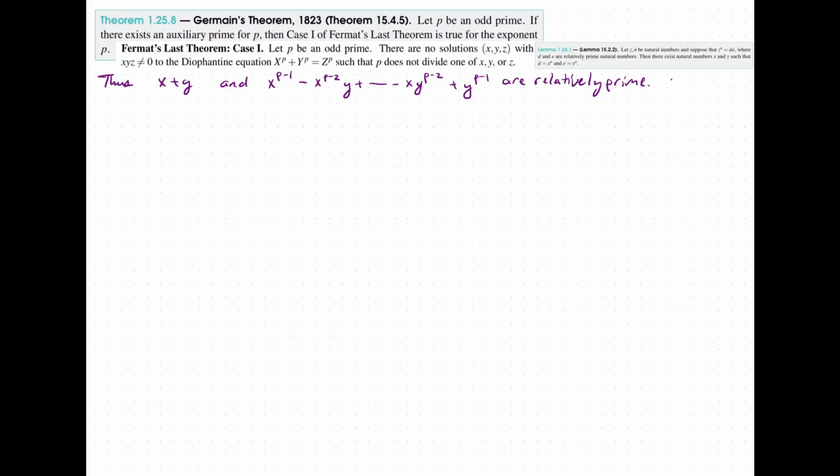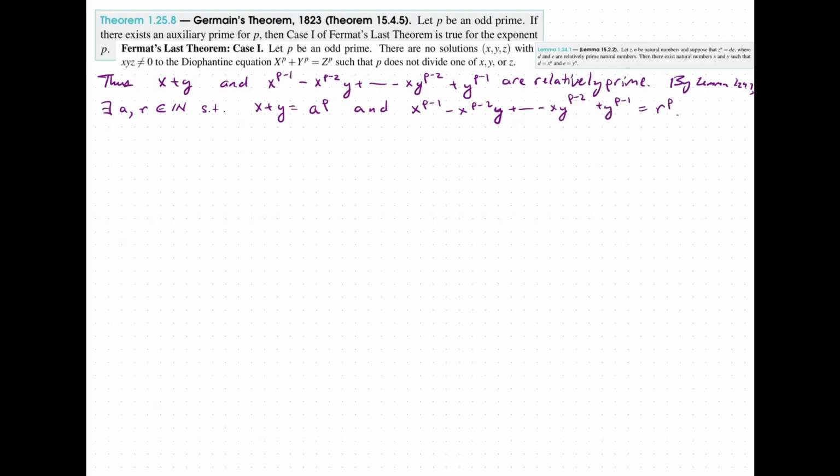By lemma 124.1, there exist natural numbers a and r such that x plus y is equal to a to the p, and x to the p minus 1 minus x to the p minus 2 y and so on, and this here is equal to r to the p.